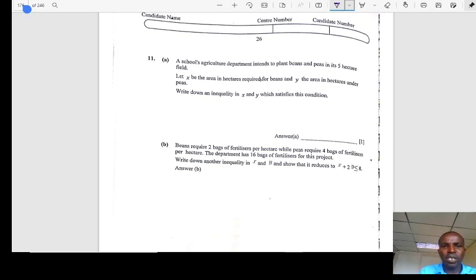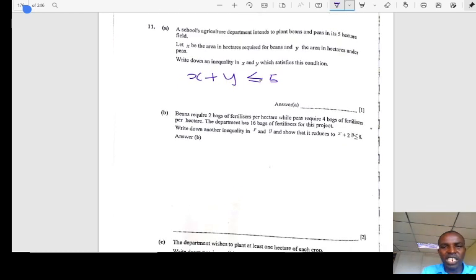So this school has a 5-hectare field. So we can say the area to be planted with beans plus the area to be planted with peas must be less than or equal to the area available. That's the first inequality done. So the area, please take note, is X, the number of hectares for beans, and Y, the number of hectares for peas. Done. That's the first inequality.